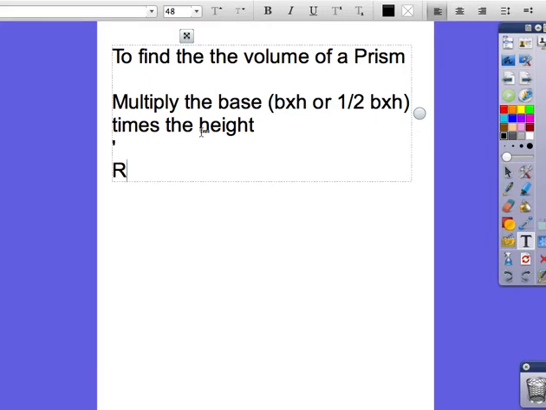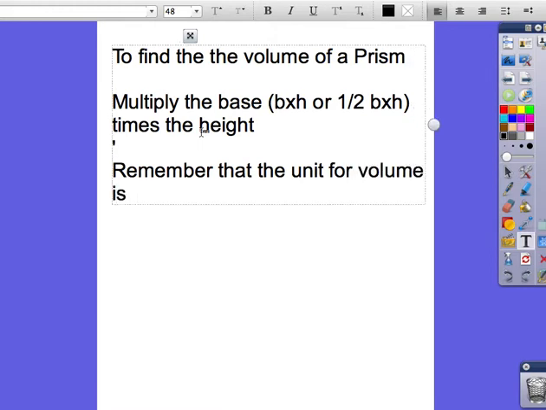And then also remember that the unit for volume is cubic units, so centimeters cubed, inches cubed, and so forth. If you remember these steps, you will be successful in today's lesson.